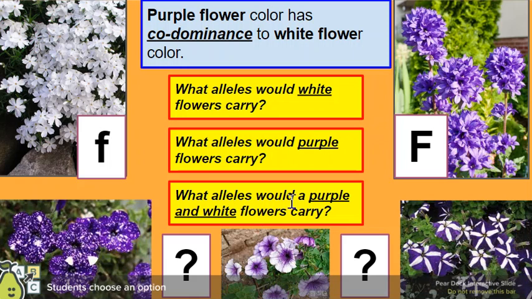What alleles would a purple and white flower carry? If it's purple and white, it's going to have the purple allele, big F, and the white allele, little f. Big F, little f. This can look like stripes or kind of an ombre or speckled. This is what those children would look like.